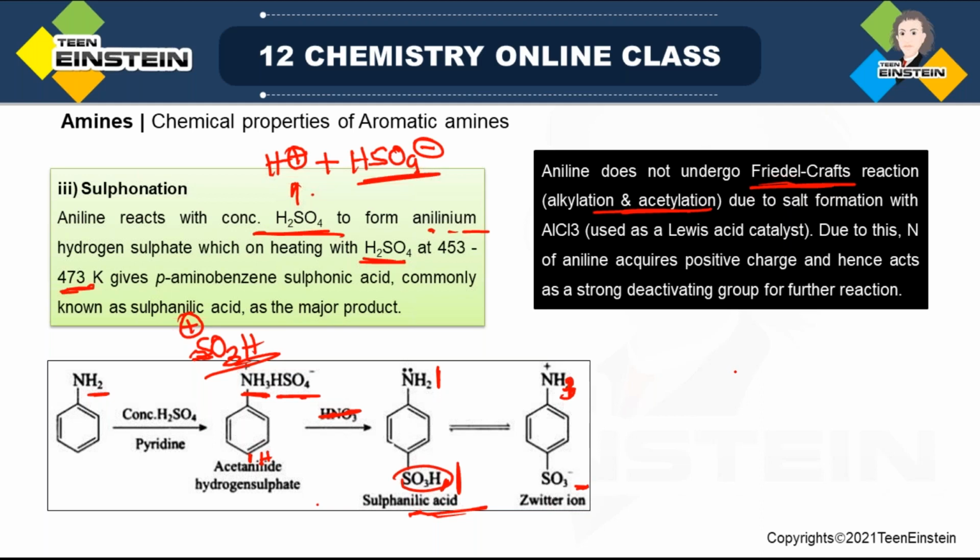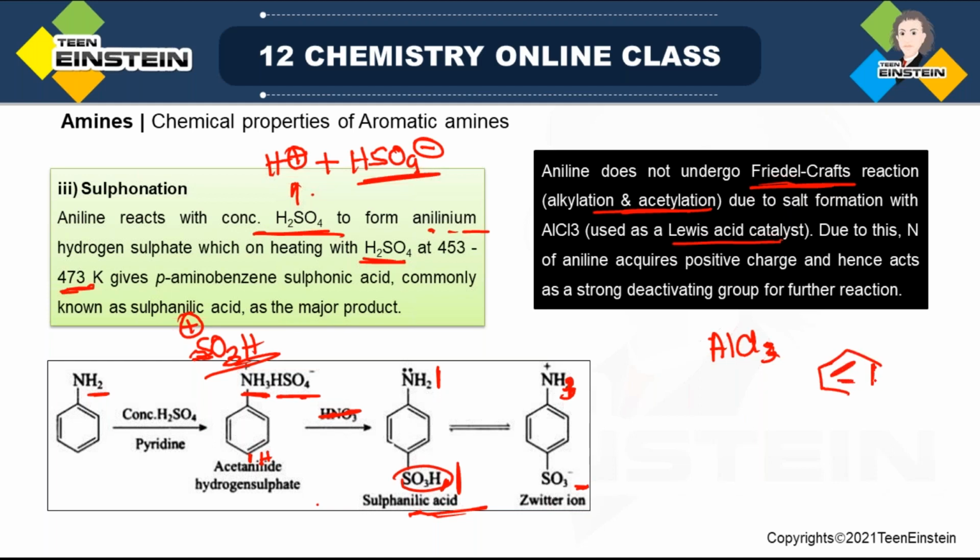So Friedel-Crafts reaction, though it is a very important example of electrophilic substitution, remember this reaction is not possible with aniline, and the reason is when we do this reaction we use AlCl3, which is basically the Lewis acid catalyst. This is important. Now when it is aniline, what happens?